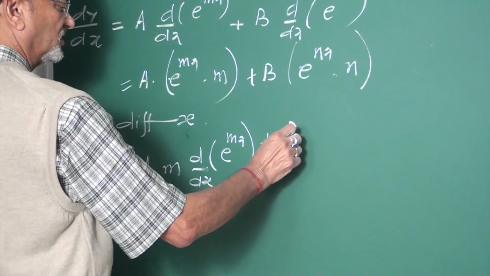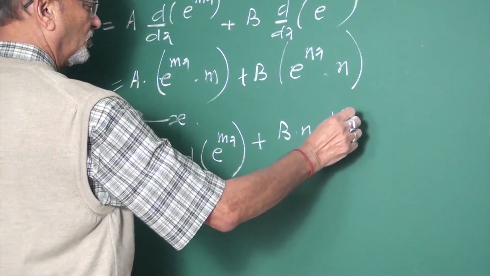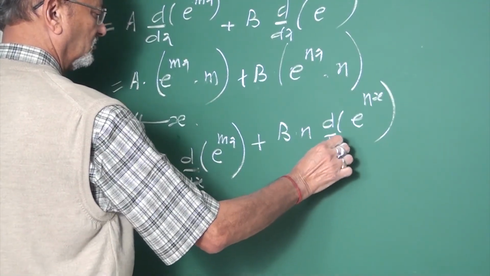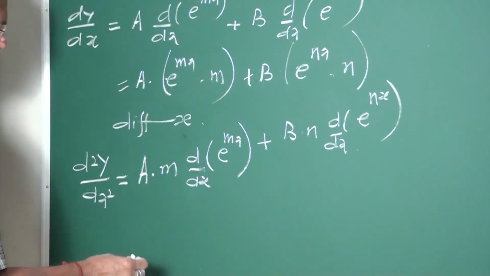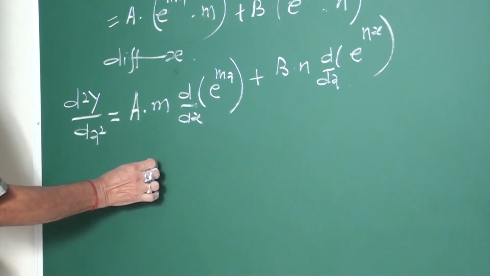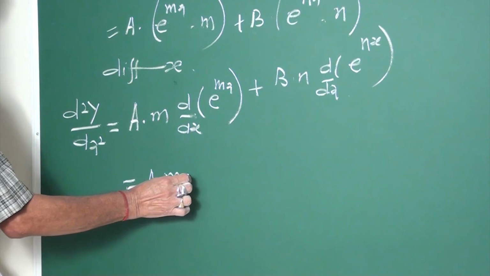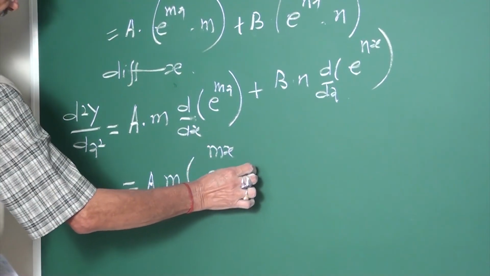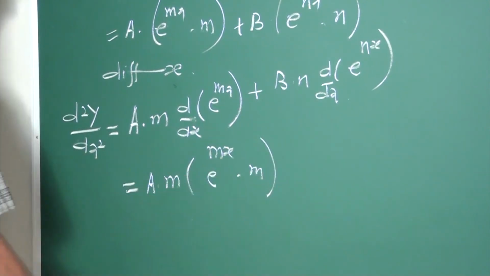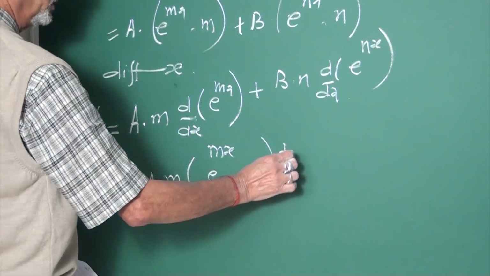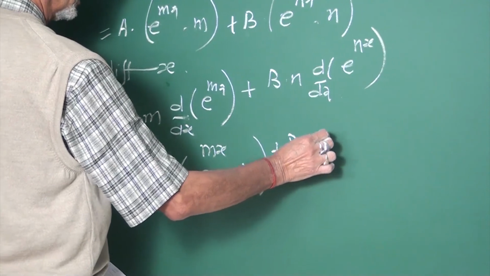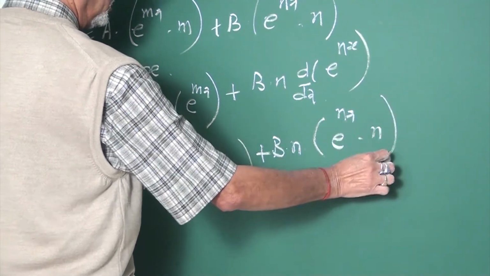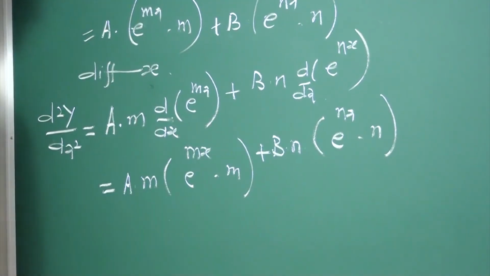What is another constant? n. Write the derivative of e to the power nx. It contains an x term. Write the derivatives: a m e to the power mx, the derivative of kx is k, mx is m, plus b n, derivative of nx, right? kx is k, nx is n.